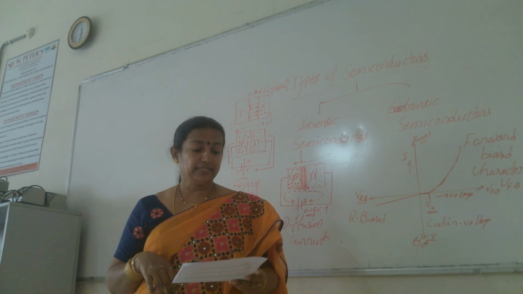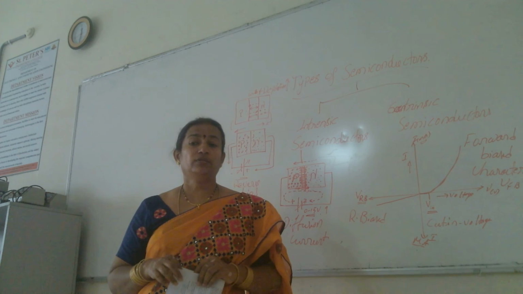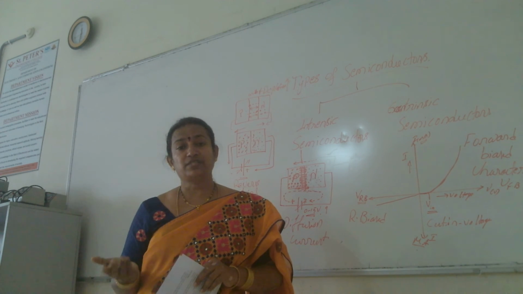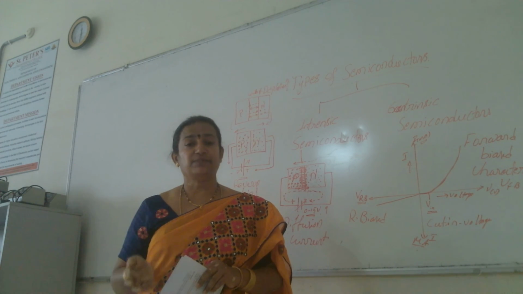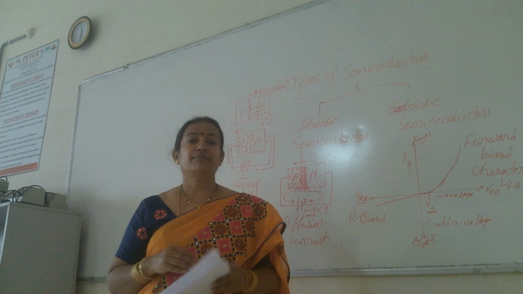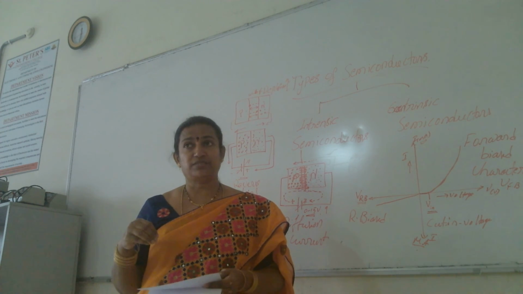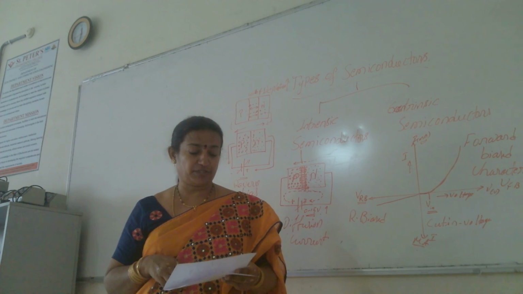Then understand the biasing techniques. Okay, what is the need for biasing? What are the different types of biasing techniques we have? And without biasing, what happens? With biasing, what happens? We come to know that after completion of these biasing techniques. You are in a position to understand the need for biasing after completion of this subject. That we name as an outcome for this particular subject.